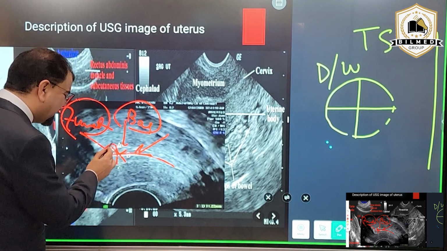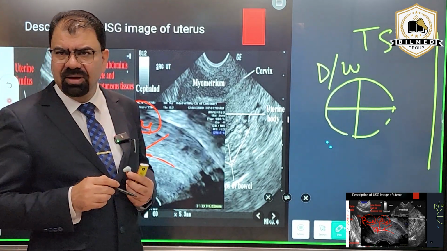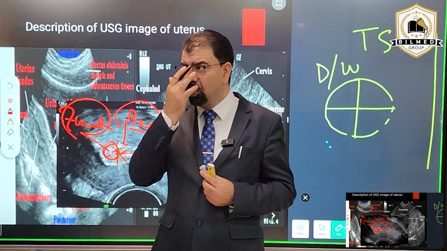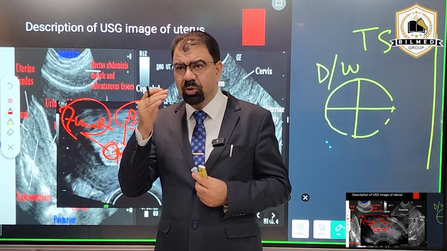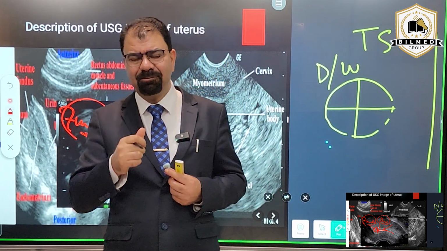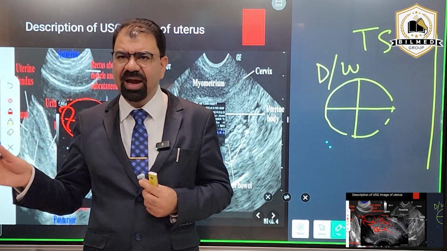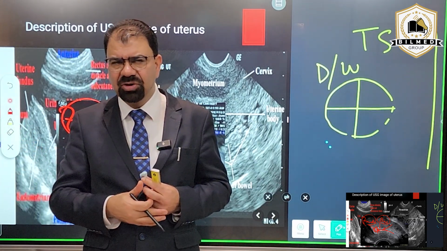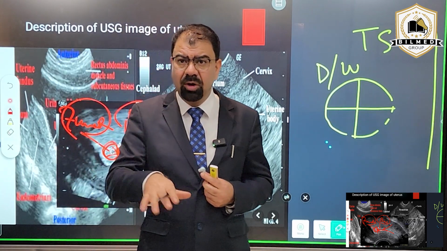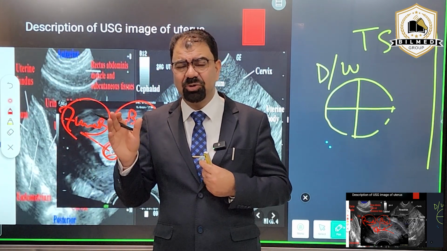And if my C measurement is low, what does it mean? If my tunica functionalis is thin, it will not get implanted and the patient will have a menstrual abortion, and she will never come to know that she has aborted.